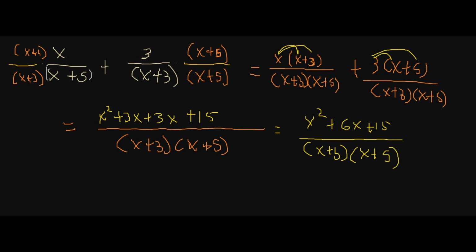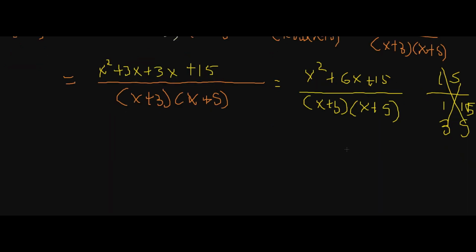The question is, can I find factors of 15? Let's write all the factors of 15 in this corner: 1, 15, and 3 and 5. Can I add or subtract any of these to get 6? Unfortunately, I can't. So there's nothing I can do to turn that into factored form.